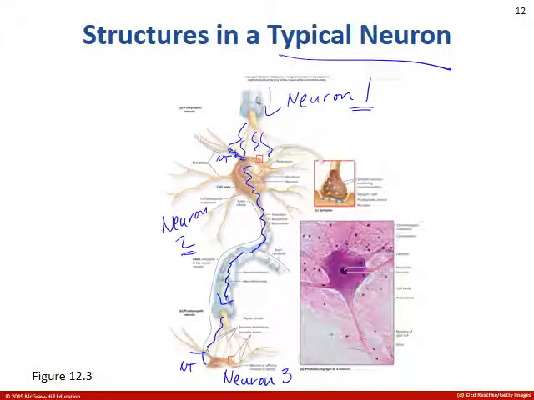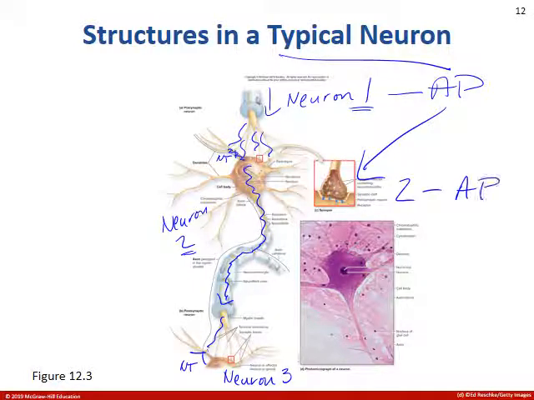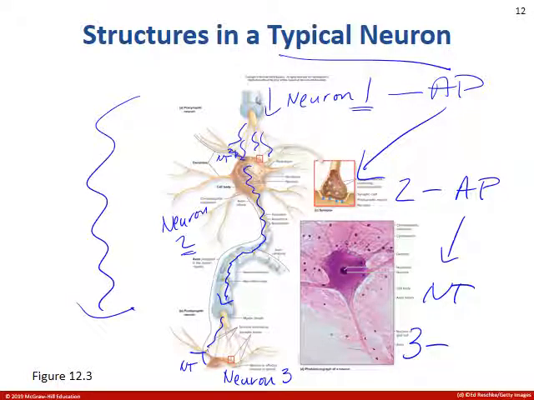So this is what we'll talk about in part 2, how you can have one neuron generating an action potential, which can trigger the second neuron to generate an action potential, release a neurotransmitter, and eventually cause action to happen on the third neuron. So the pathway is always going down. You will never see an action potential going back up.